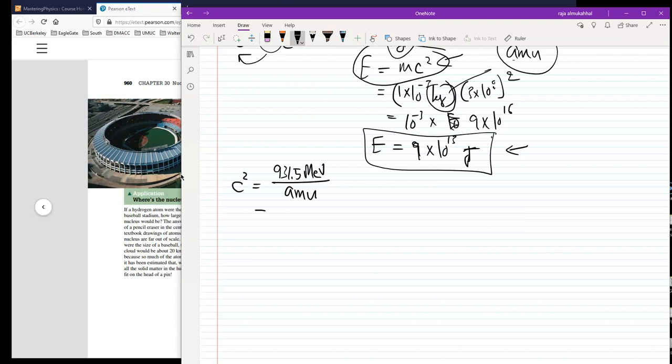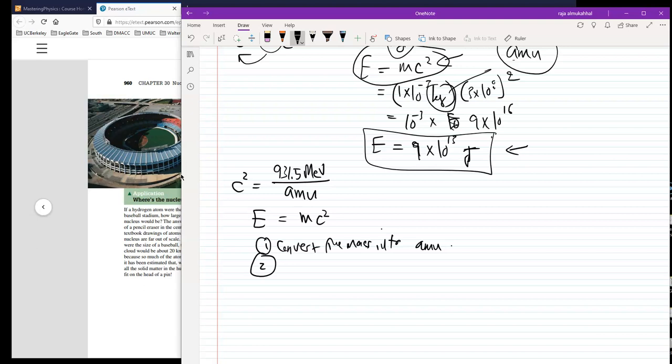What that means is, if I want to calculate the energy of something, which is mc squared, all I need to do is first convert the mass into AMU. If you have it in gram or kilogram, convert it into AMU. That's the first thing you do.